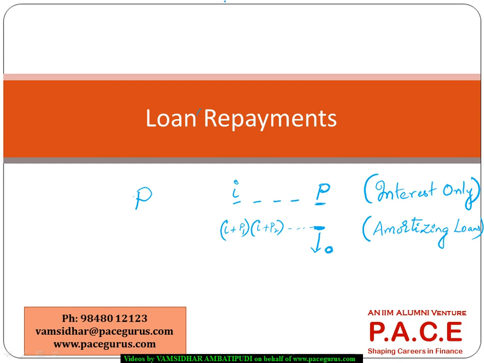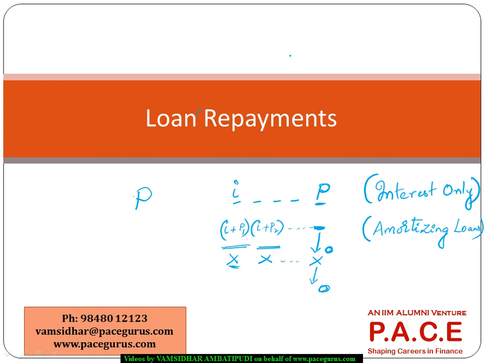But since interest is paid and some portion of the principal is paid, there could be a variation in the interest and the principal in each period. So it is structured such that the payments are kept level for the entire period. The same X is paid every period, still ensuring that by the end of the loan period the outstanding principal is zero, which means the whole principal would have been paid off.